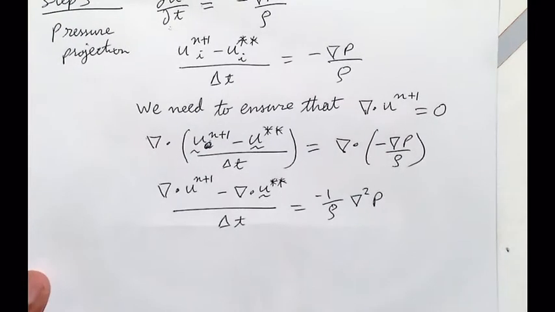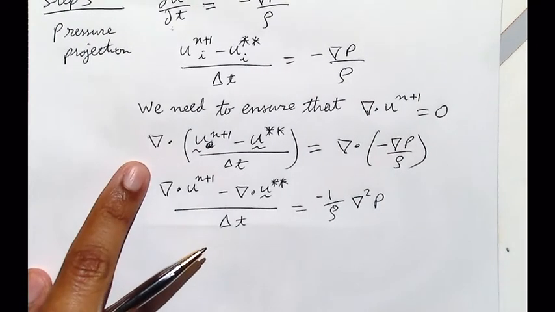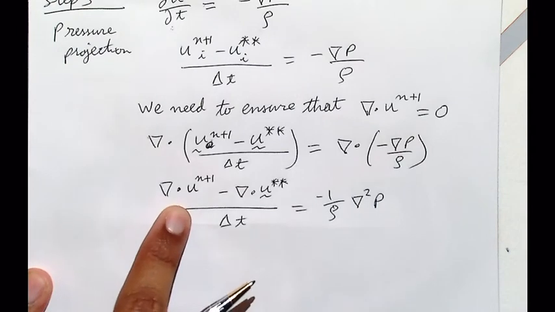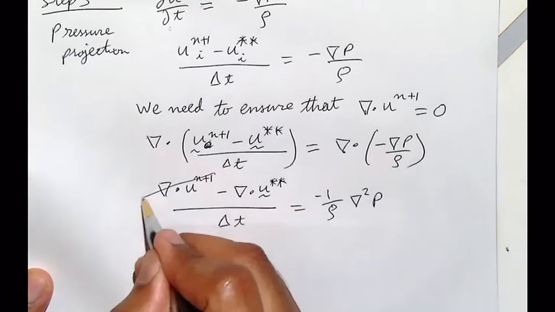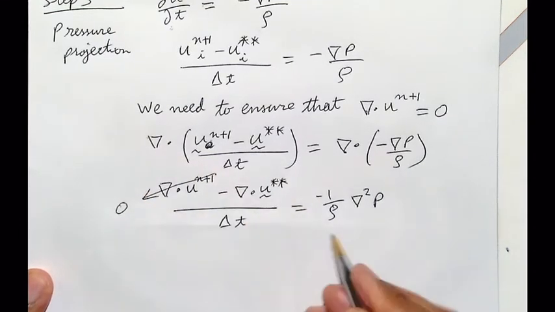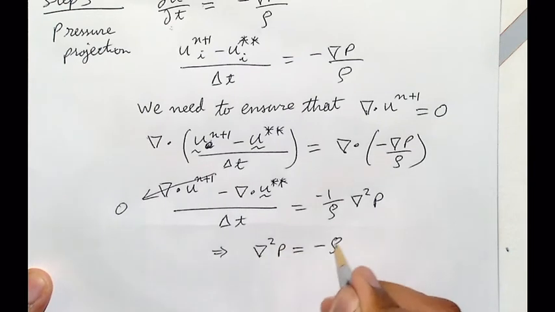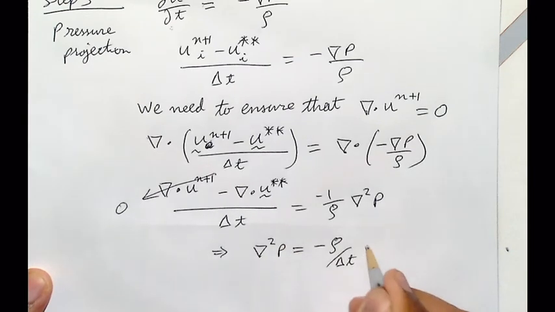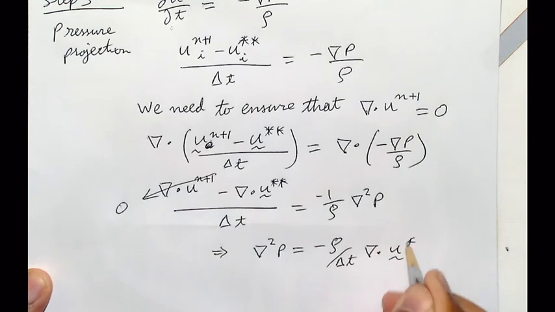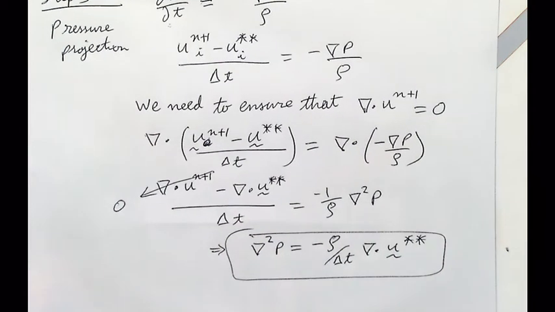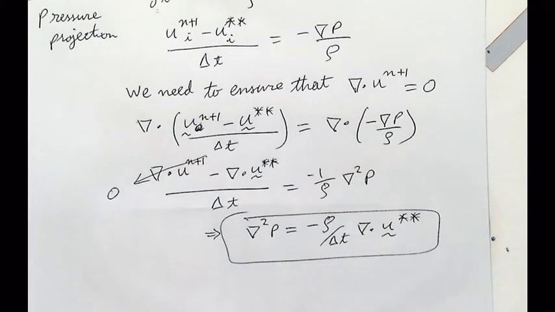Make sense? I haven't done anything, I'm just taking the divergence of this equation. Alright, so tell me, what happens to the first term? Yeah, we want this to be 0. So we get our pressure Poisson equation. Okay, now we have the pressure Poisson equation that we need to solve, if we follow these steps. Make sense?